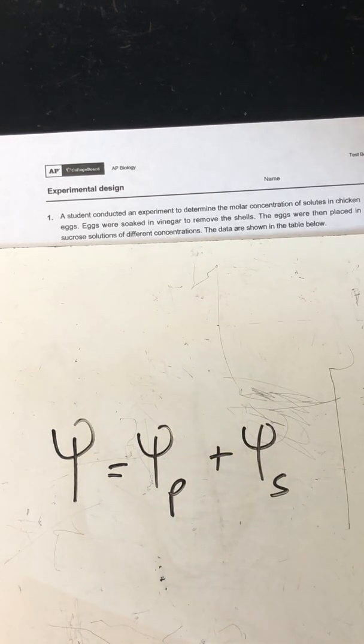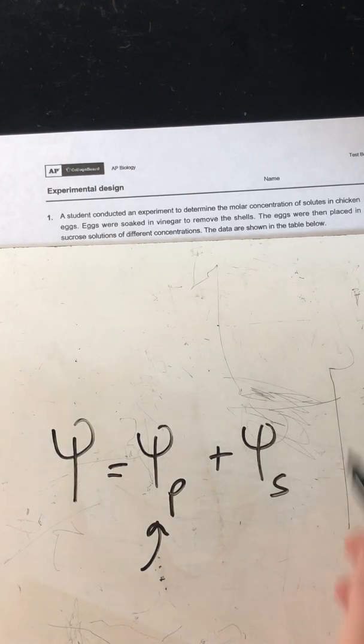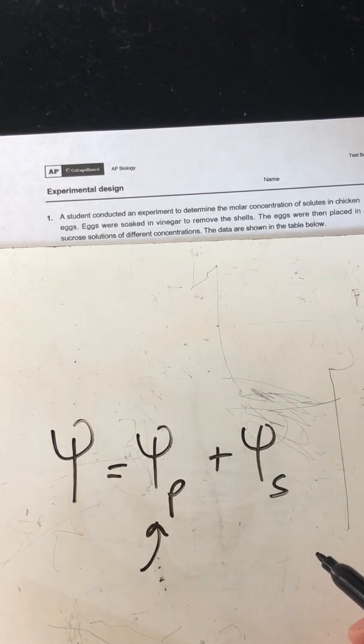Okay, so pressure can change whether water moves or doesn't move. And so water always moves from high to low. So high water potential to low water potential, and then you had to be able to identify what's going on.